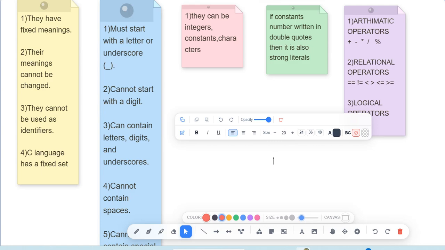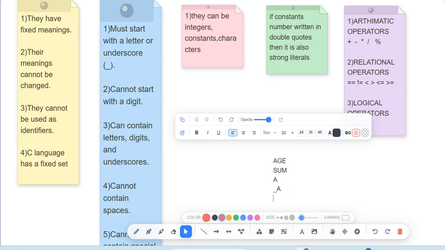Either it should be a letter, or we can write it with an underscore, or even we can write a or underscore a also. But one important thing is that we should not start with any sort of digit. We should not write like this. It is wrong. We should not do like that.